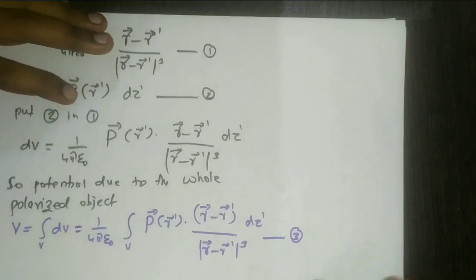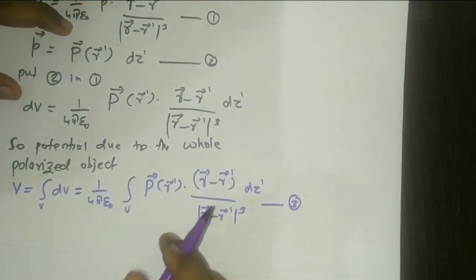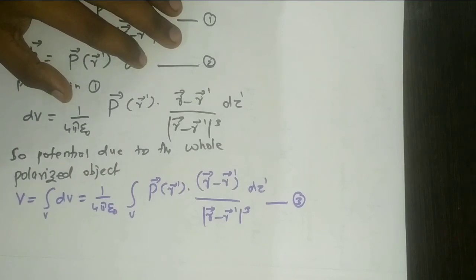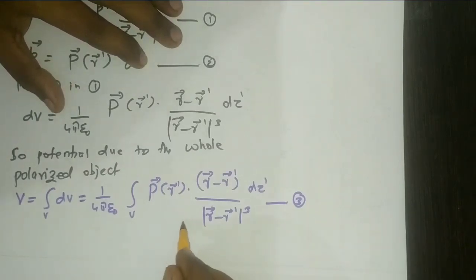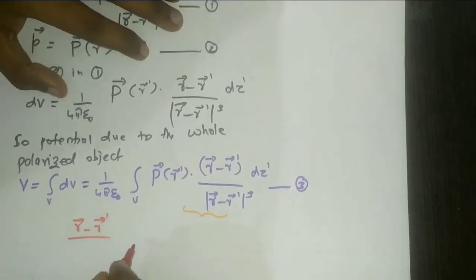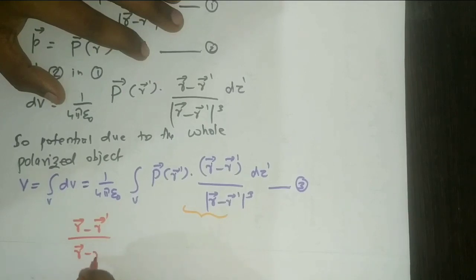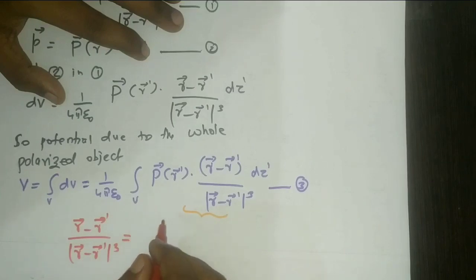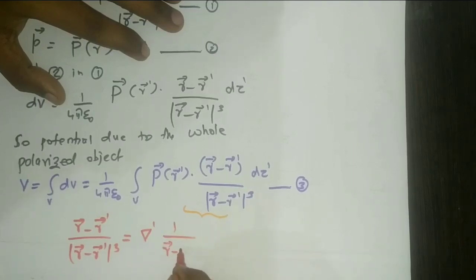Here I will introduce an interesting result, that is, this quantity, (r minus r prime) divided by modulus of r minus r prime whole cube, this can be proved to be equal to this result, del prime of 1 by modulus of r minus r prime.